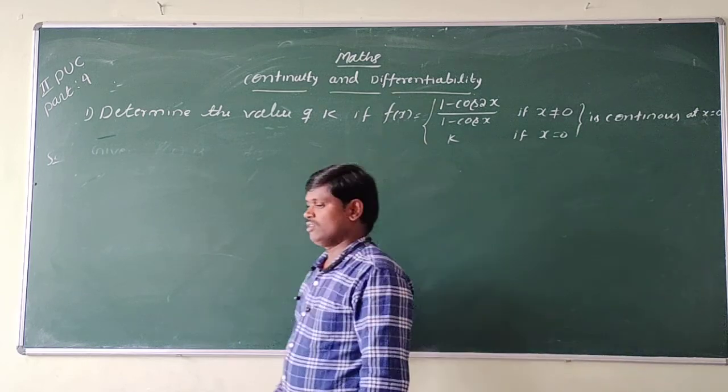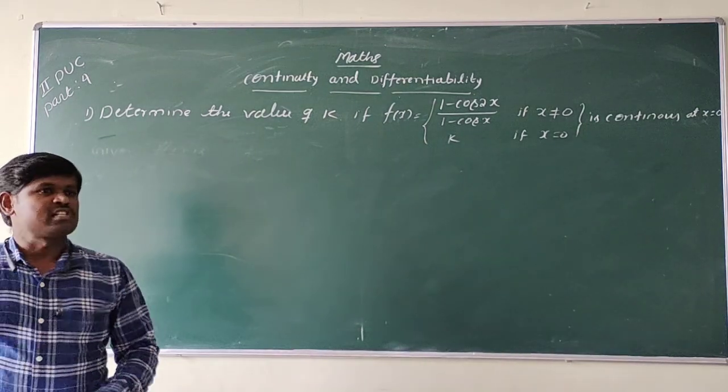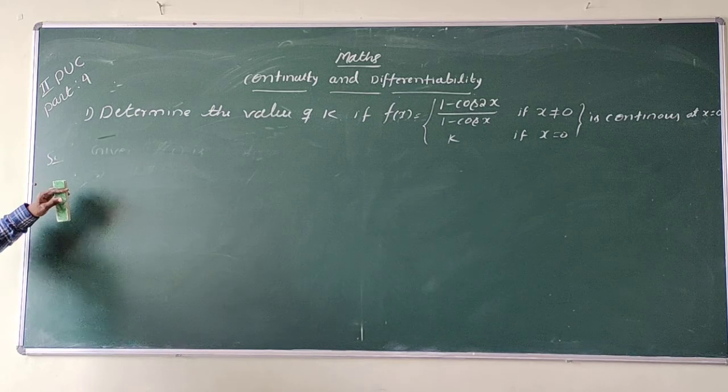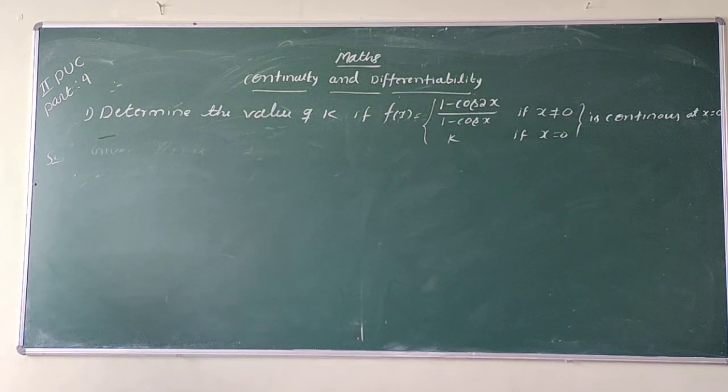So here also it is given that the function is continuous at x is equal to 0, so we need to find the value of k.